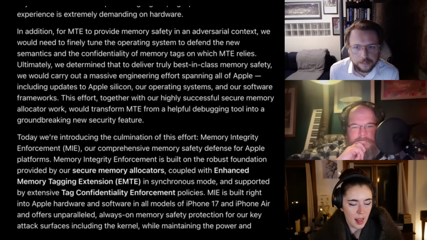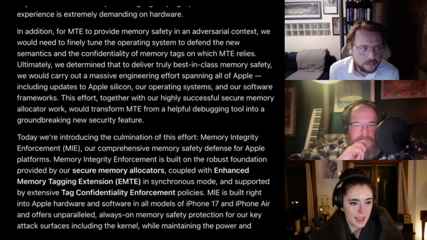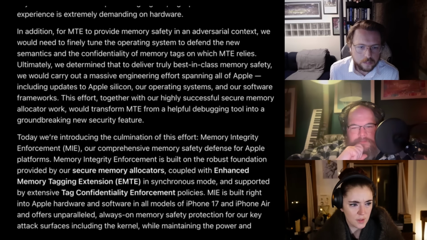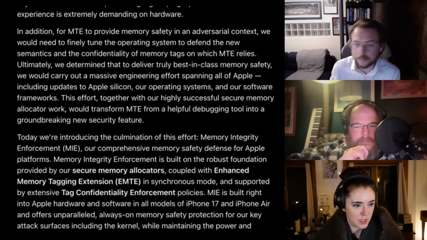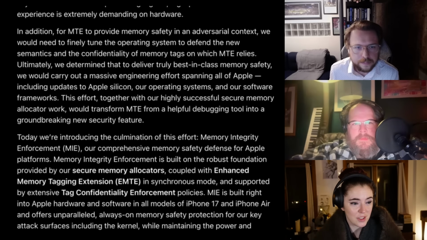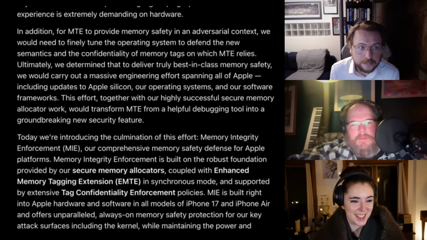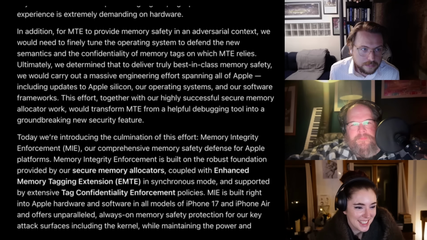For MTE to provide memory safety in an adversarial context, we need to finely tune the OS to define new semantics and the confidentiality of memory tags on which MTE relies. To do what we think we need to do, we would carry out a massive engineering effort spanning all of Apple Silicon, operating systems and software frameworks.